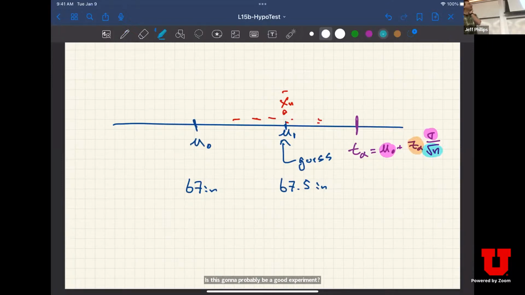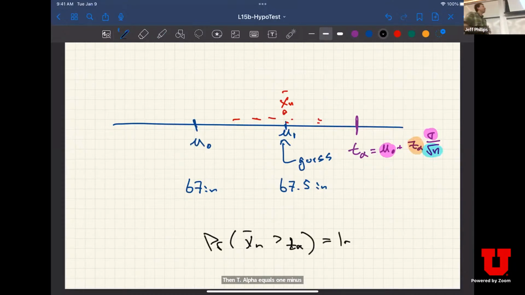Well, it's an okay experiment, but I want to check that the probability that xn bar is greater than T alpha equals 1 minus alpha. In step 3, I'm going to compute the realization of xn bar and compare it to the value T alpha.